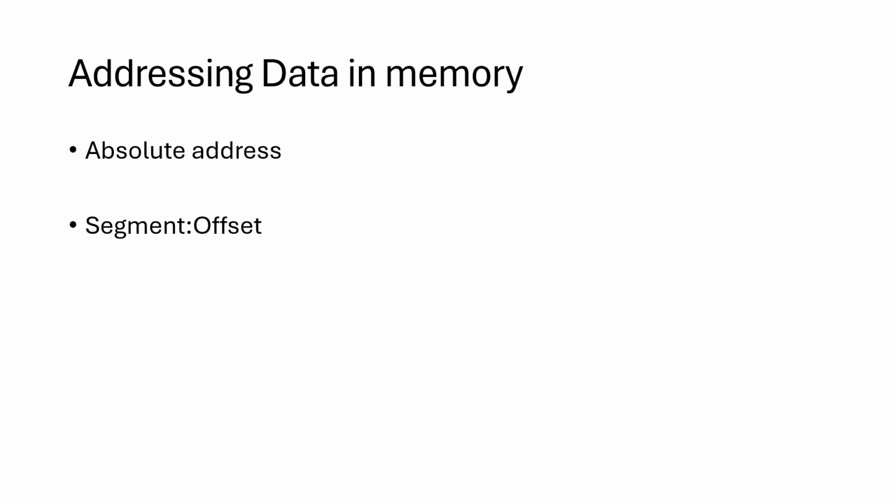Let's say a memory location 05A25H is a 20-bit value that directly references a specific location in the memory. So it is a real address in the memory, and that is how the absolute address works. The segment offset address combines the starting address of a segment with an offset value. In the upcoming sections, we will see how this segment offset works.